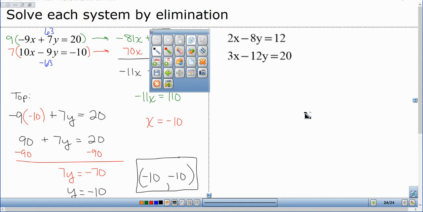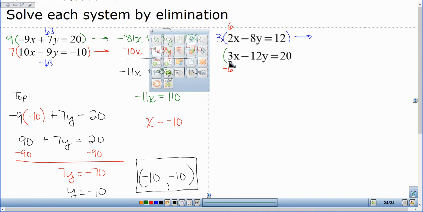And in our last example here, we can get the x's to cancel out at 6. We can get the y's to cancel out at 24. Well, 6 sounds easier, so I'm going to change these to a 6 and a negative 6 using multiplication. My top equation, I'm going to multiply it by 3.